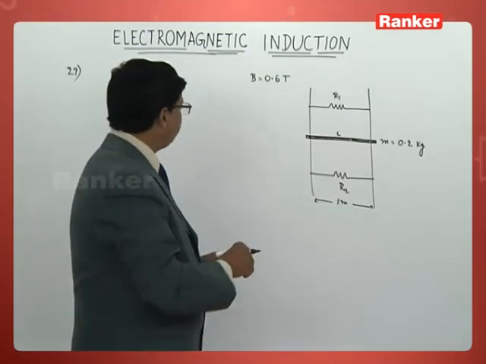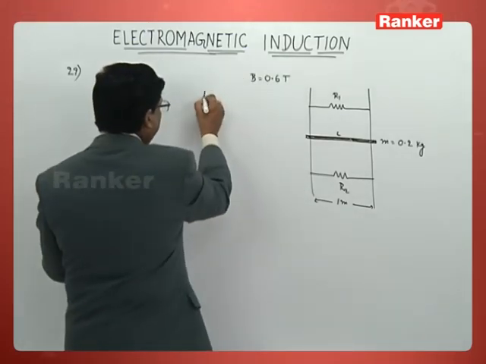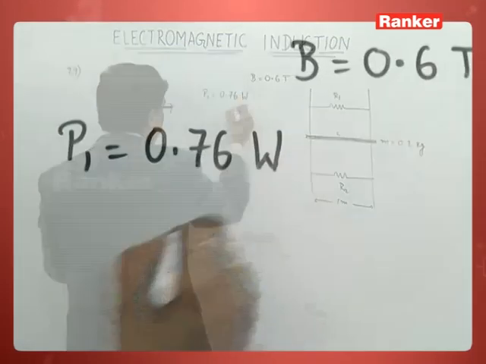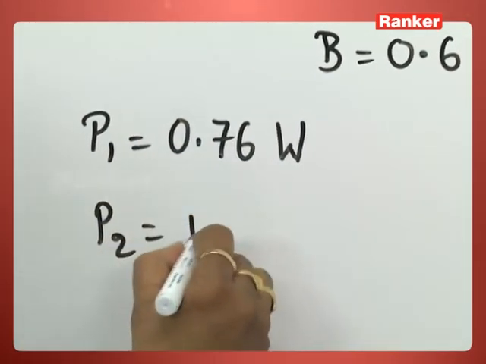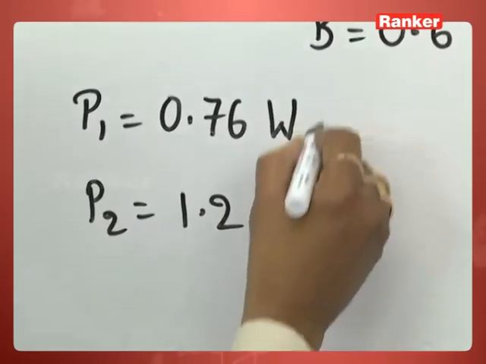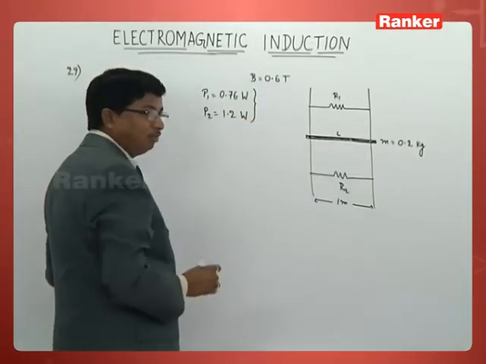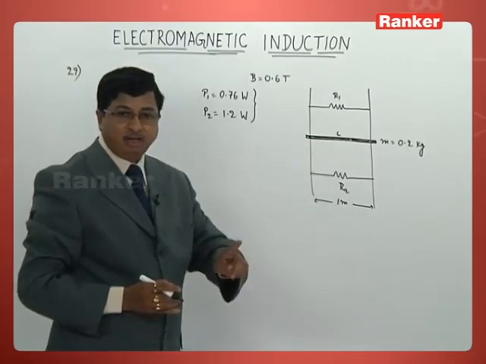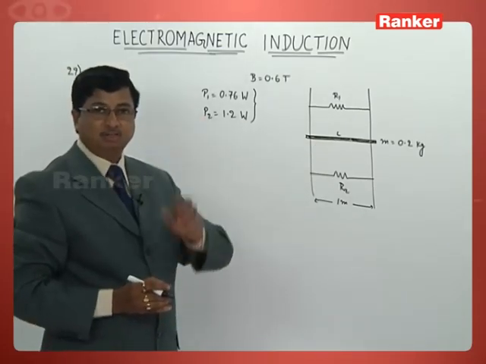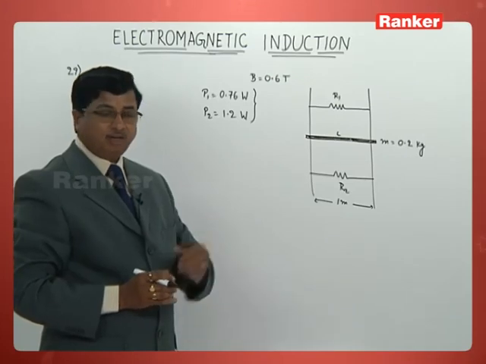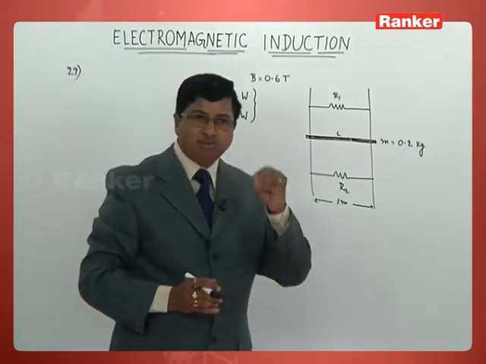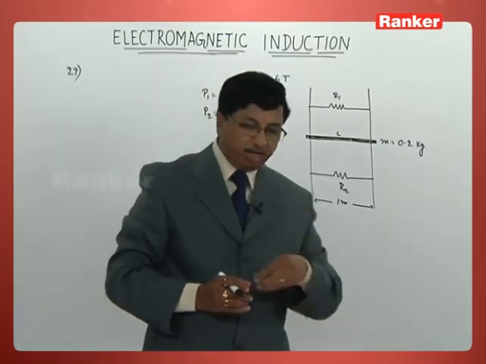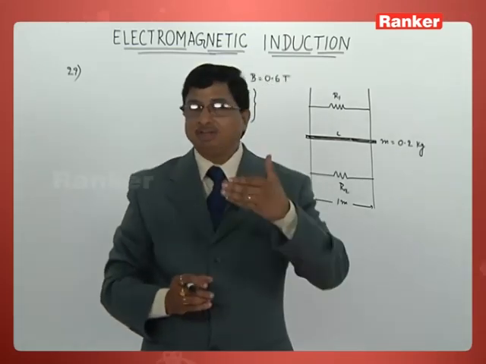So what we can understand here now, power 1 is given as 0.76 watt and power 2 is given as 1.2 watt. But when can we take these two? When the rod is attaining terminal velocity. That is the most important aspect of this particular problem. When it is attaining terminal velocity, what is the general conclusion?